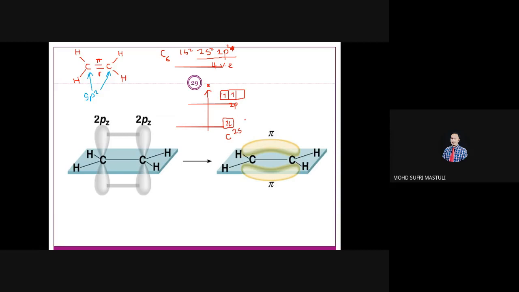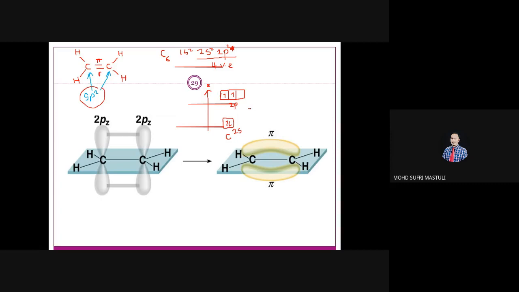And then these 2 single electrons are not enough to form 3 sigma bonds, one with this hydrogen, one with this hydrogen, another one with this carbon. So we already decided it should undergo sp2.